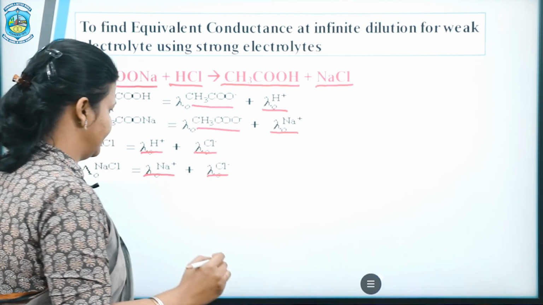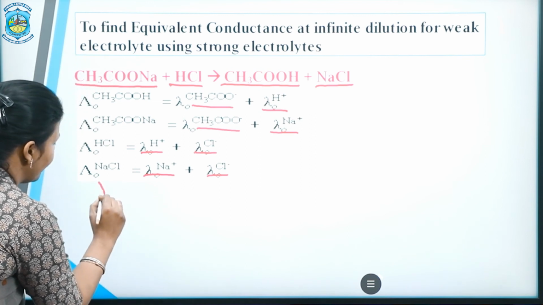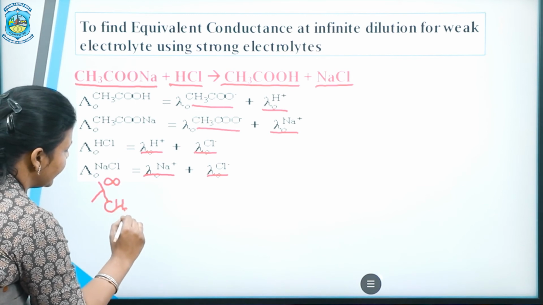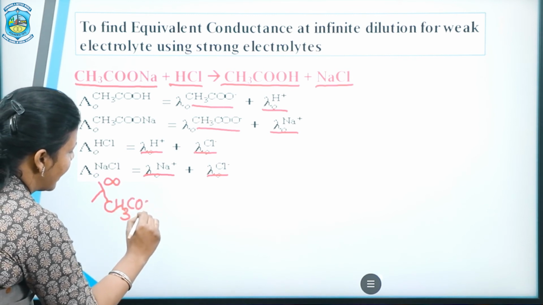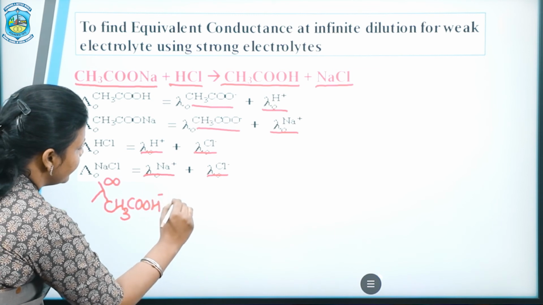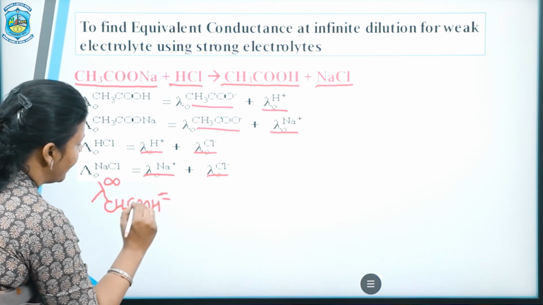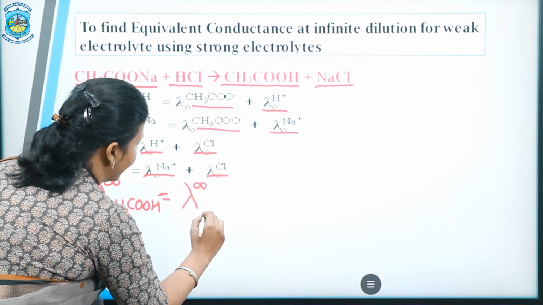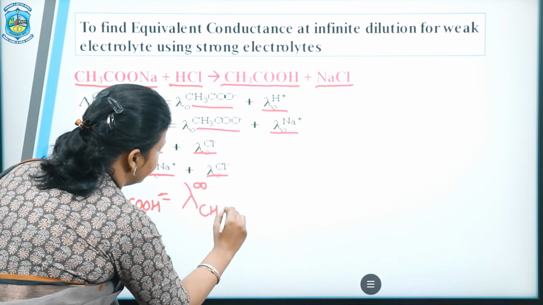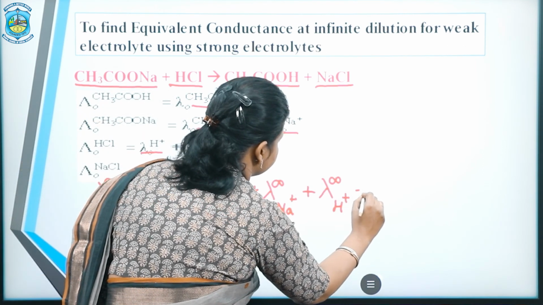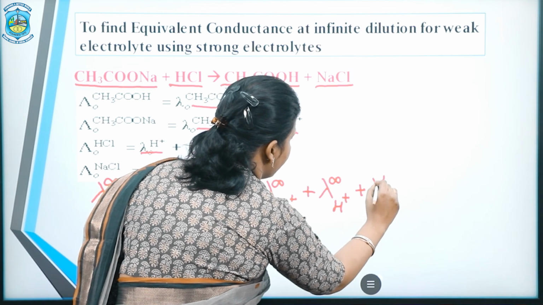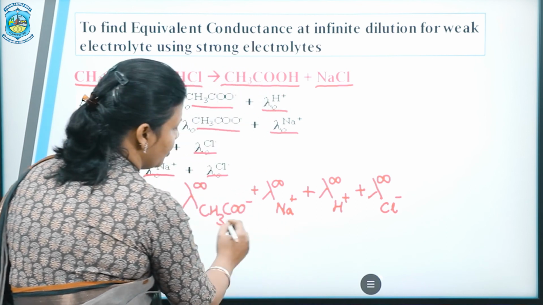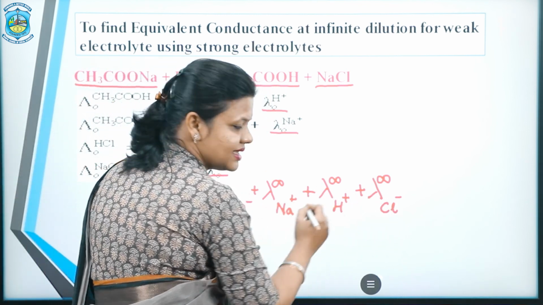Let's see. The equivalent conductance at infinite dilution for the weak electrolyte, that is acetic acid, can be calculated by adding the ionic conductance of sodium acetate and HCl.